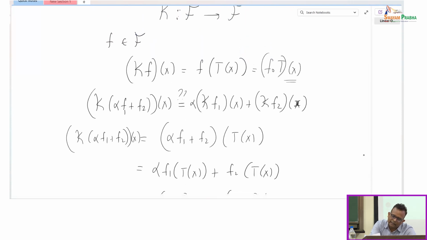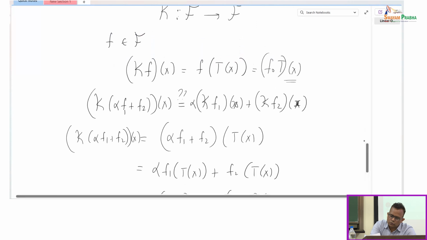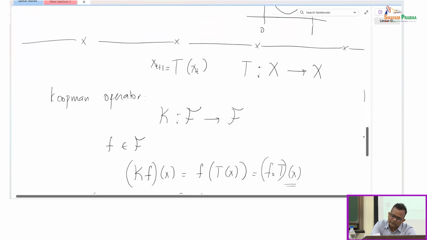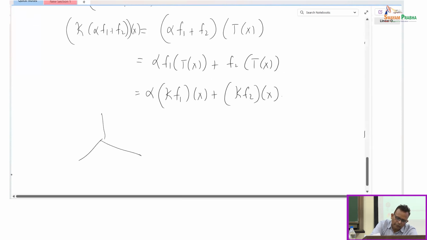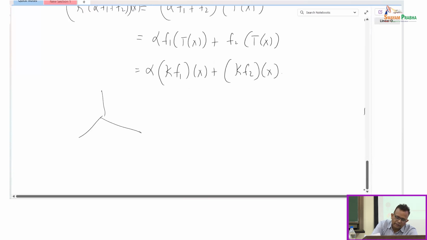Yes, this is little x. Yes, that belongs to this capital X. Yes, yes. So if I want to describe it in a picture, let's say this.